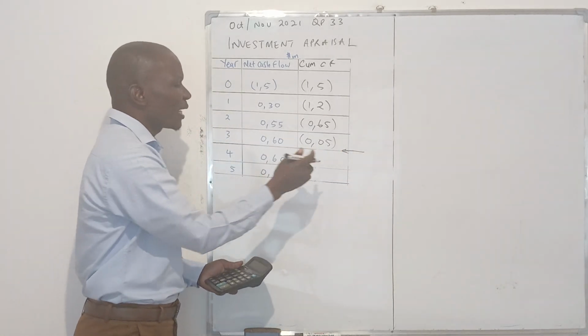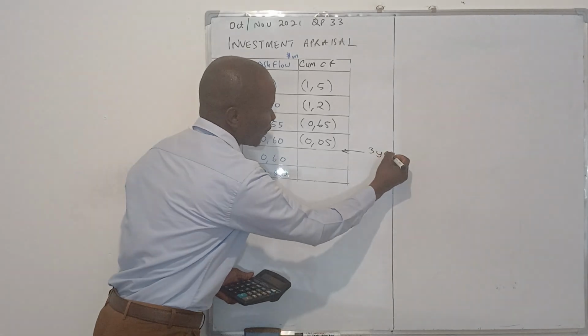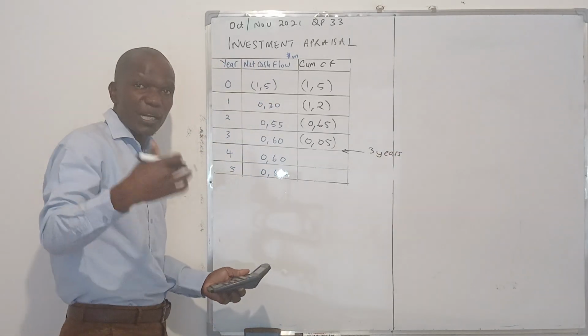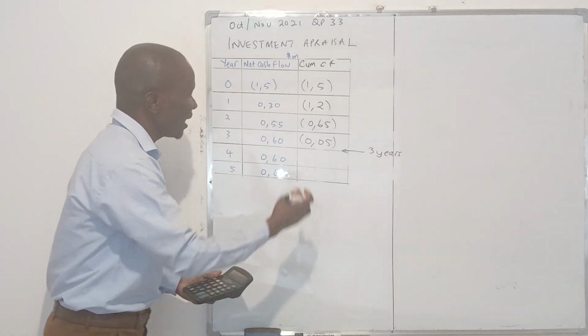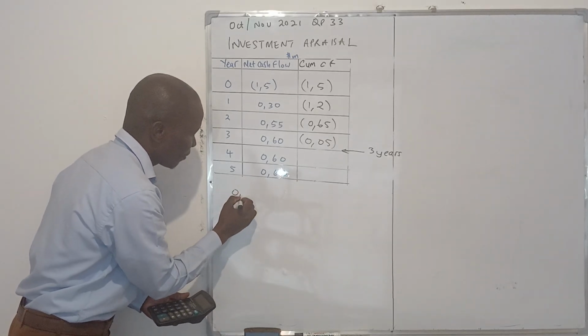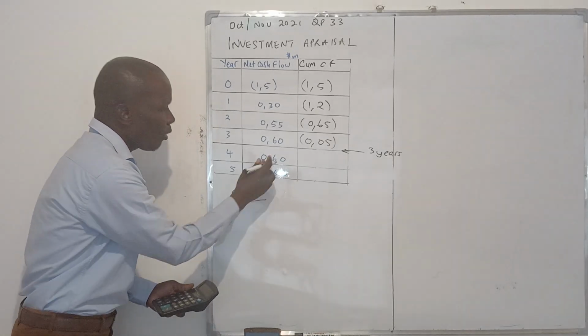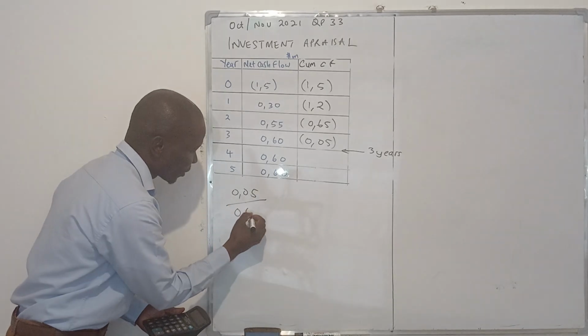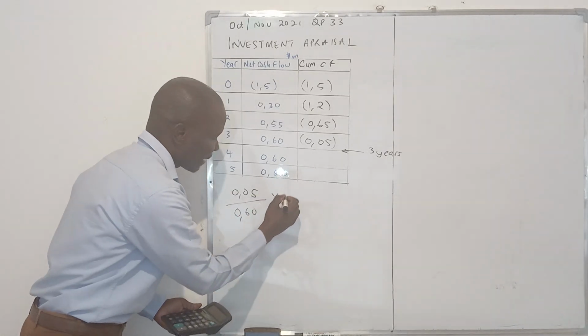So now we want to calculate the months. This is going to be 3 years. How do we calculate the months? We simply say the 0.05 that we want over the next cash inflow, which is 0.60, times 12 months.